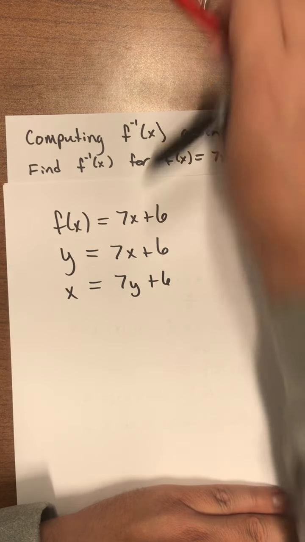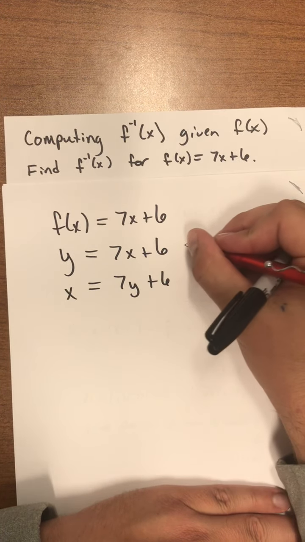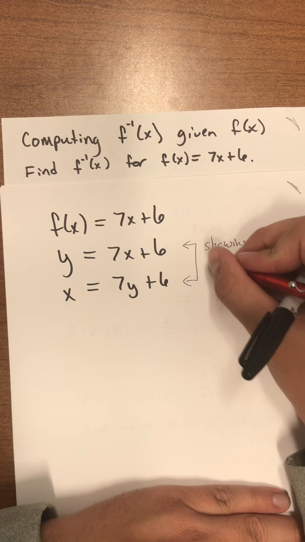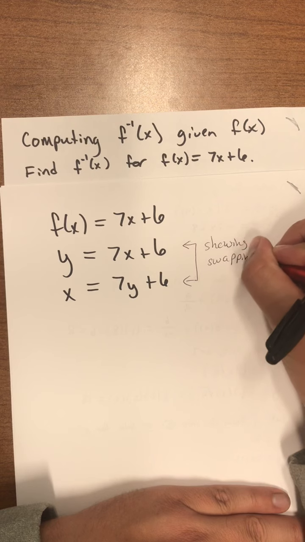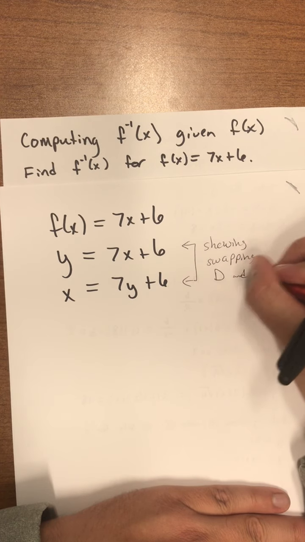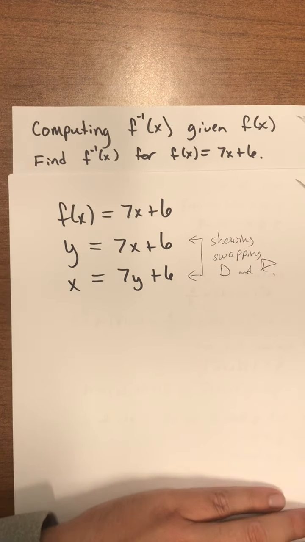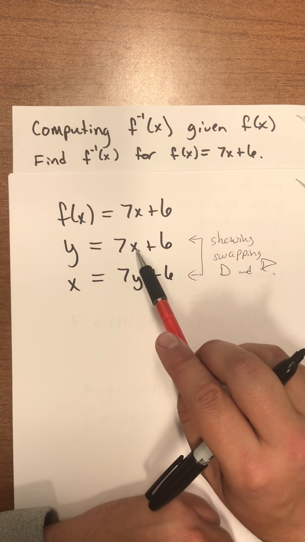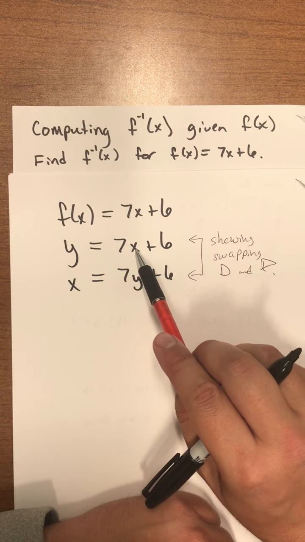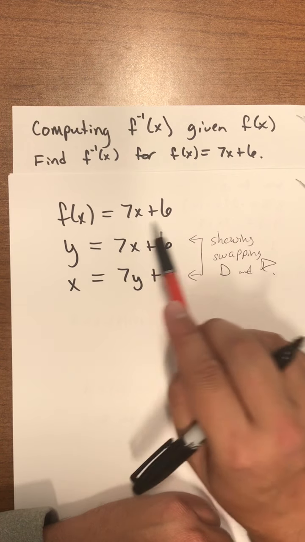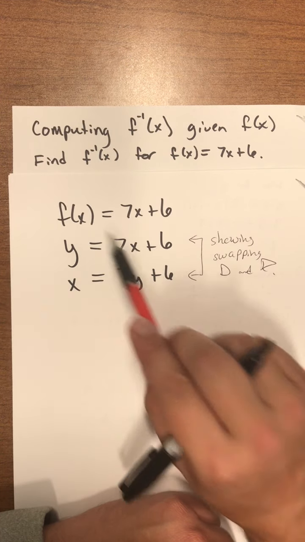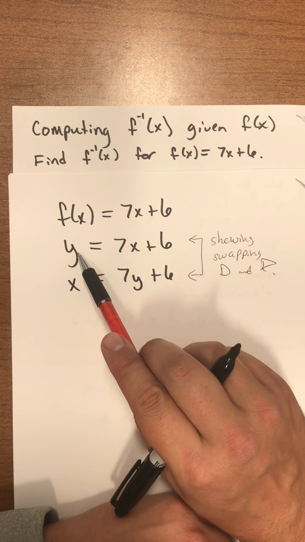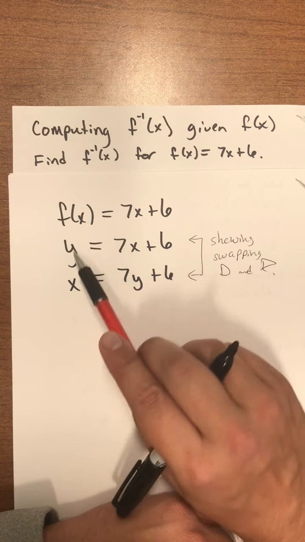So here is where we show that we're swapping domain and range. This x from the original is the domain of f, and we just went from function notation to y, and y and f of x are the same thing.